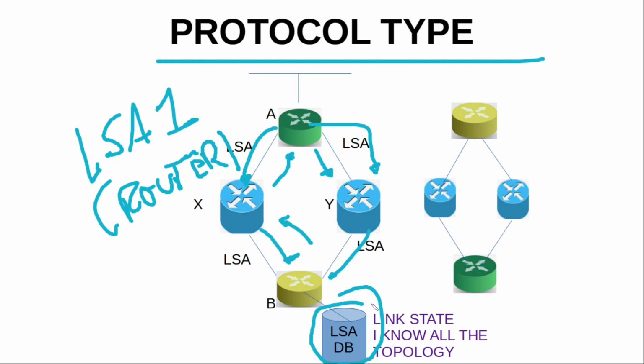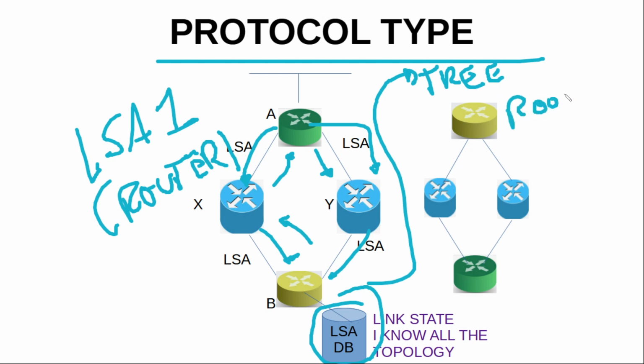When this database is complete and synchronized, each router will create in memory a tree view of the network. These routers will have enough information to see how the whole network is connected, and they will place themselves as the root of the network in this tree, and they will calculate cost to each destination within the network using the Dijkstra algorithm.